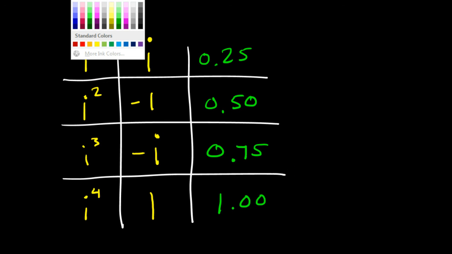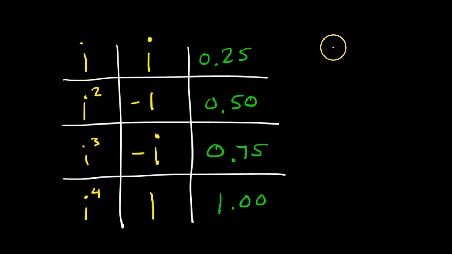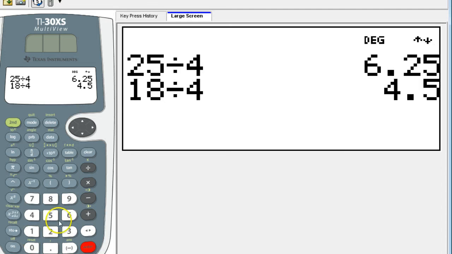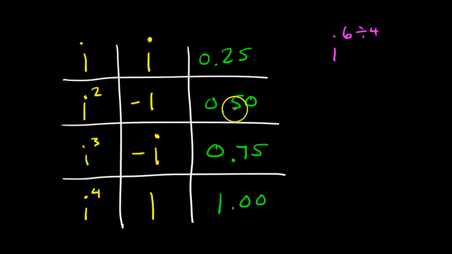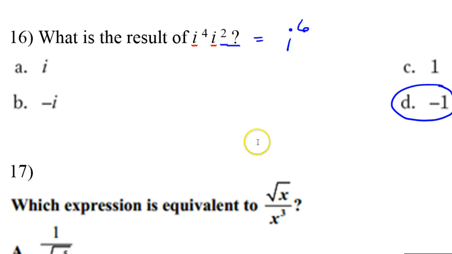If I want to do i to the 6th power, then I can do 6 divided by 4, which gives me 1.5. The 0.5 tells me that it's going to be negative 1. Okay, either way.